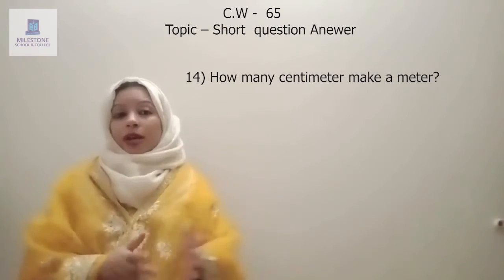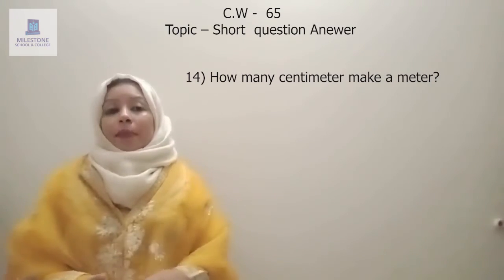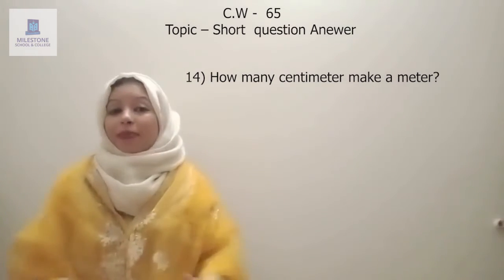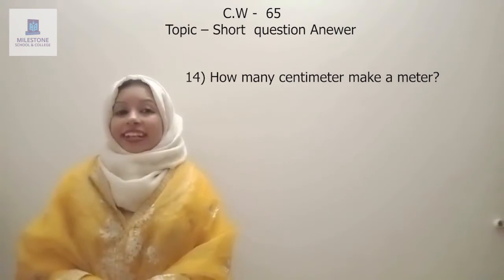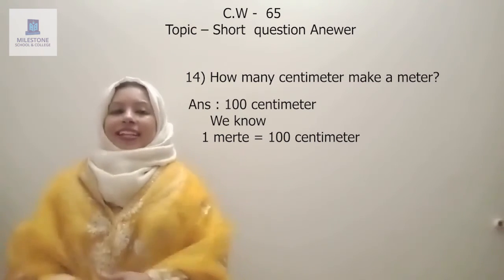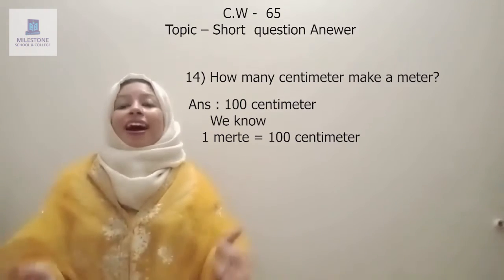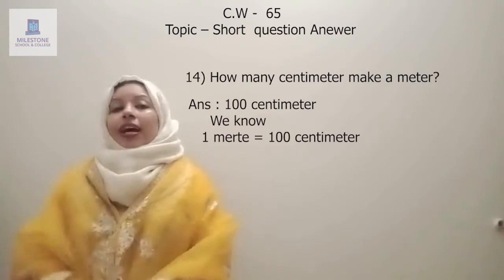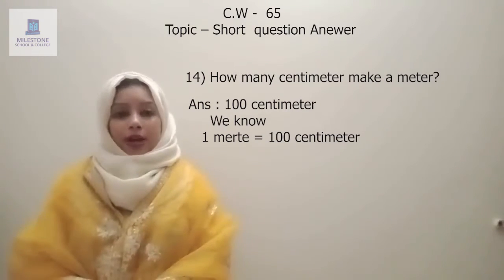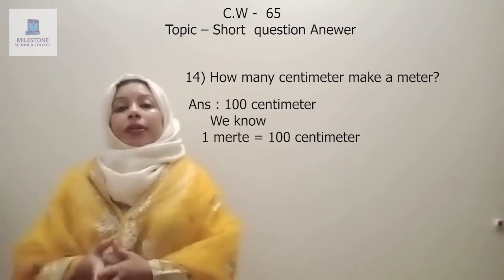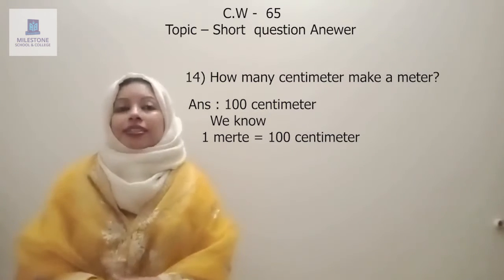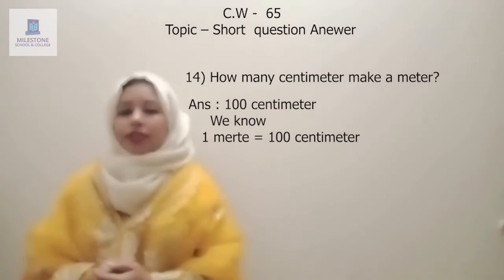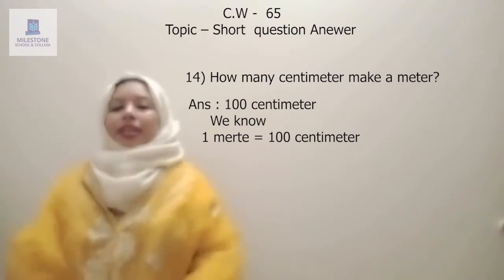There is a formula we have already memorized. 1 meter means how many centimeters? Can you remember? Yes, 1 meter means 100 centimeters. That means 100 centimeters make 1 meter. And you know, meter is a bigger unit than centimeter. So our answer is 1 meter equals 100 centimeters.